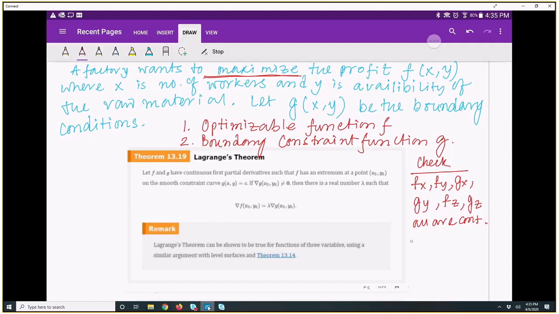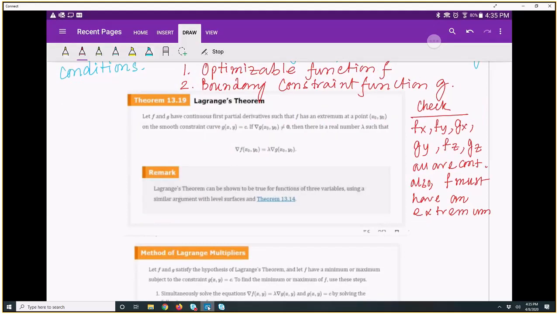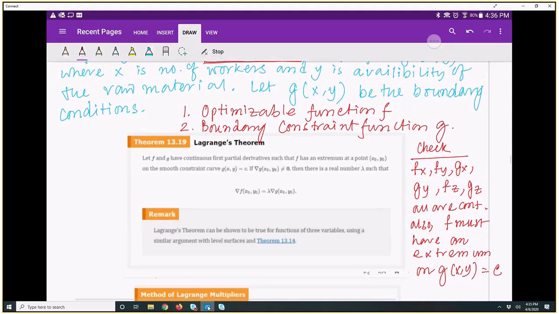Also, f must have an extremum on this constraint curve g(x, y) equal to c. If it is three variable, you should say g(x, y, z) equal to c. Because this Lagrange theorem is in two variables, let me go ahead and take out fz and gz, but you understood what I wanted to say by the concept.